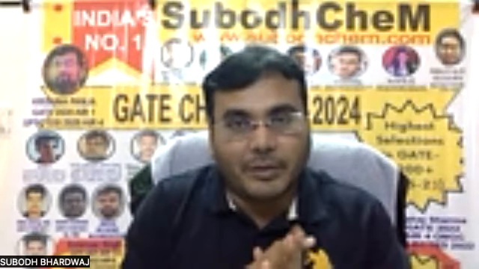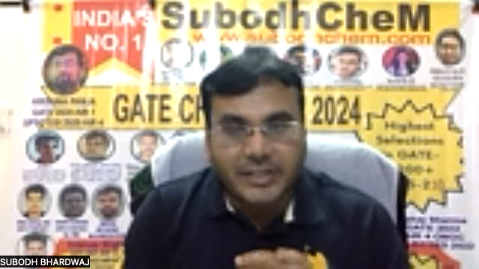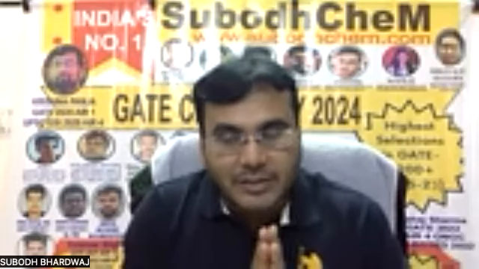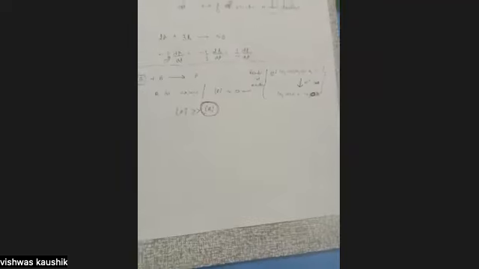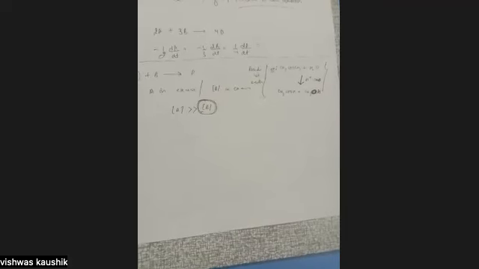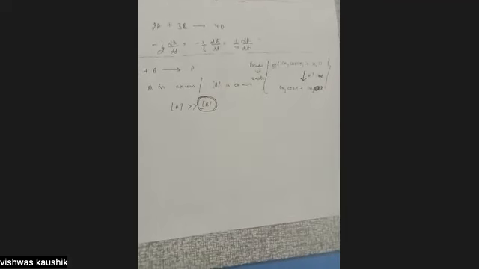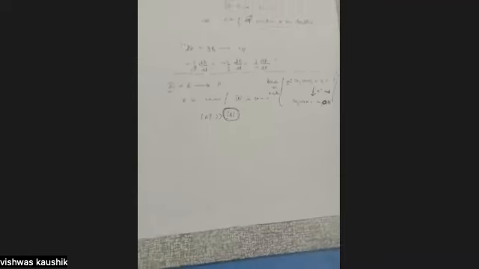The next new topic is activation energy. What is activation energy? If we have a reactant which needs to be converted to product, then a certain minimum energy is required, and that amount of energy is known as the activation energy.